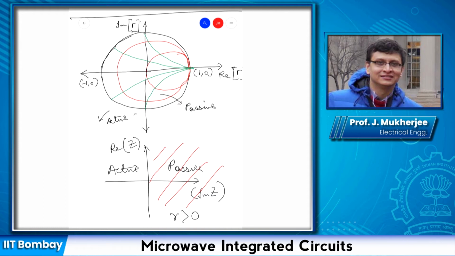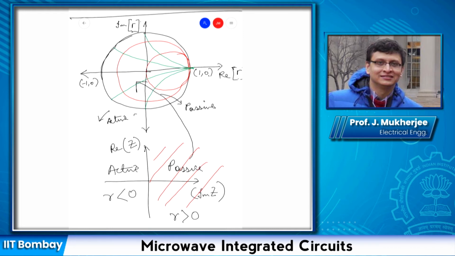By active region I mean the region in the Z plane where the impedances correspond to active devices, because here R is less than 0. So this entire right half of the Z plane is coordinate transformed to the inside of the unit circle on the gamma plane.